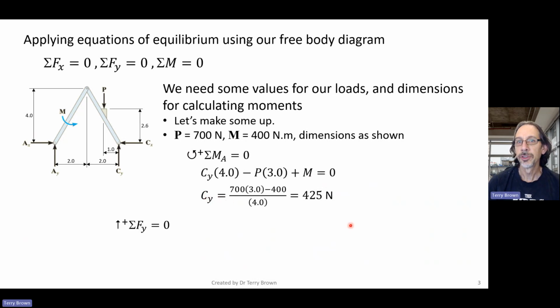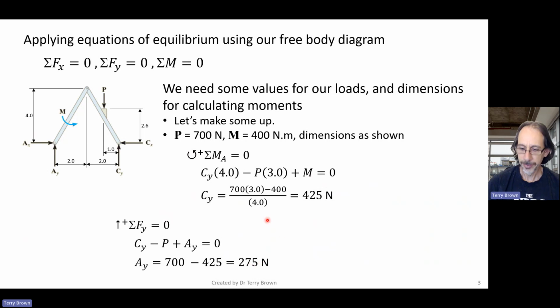Okay, let's move on to the next equation of equilibrium, looking at forces in the vertical direction equals 0. So Cy minus P plus Ay will equal 0. Rearrange that, and we can solve for Ay. So we've got two of our unknowns.